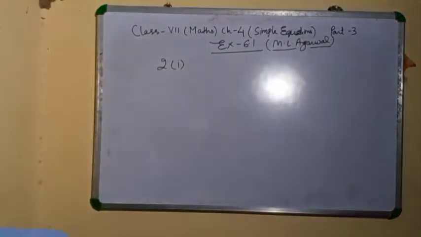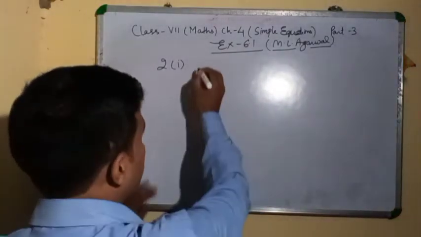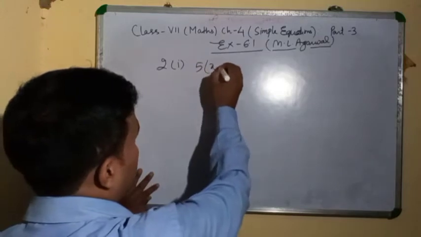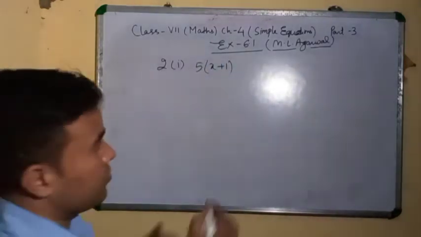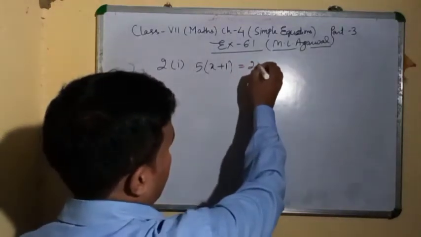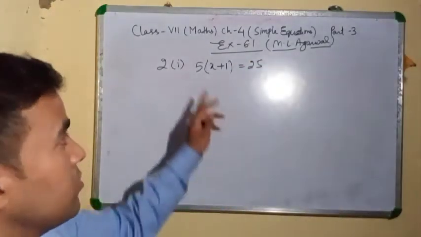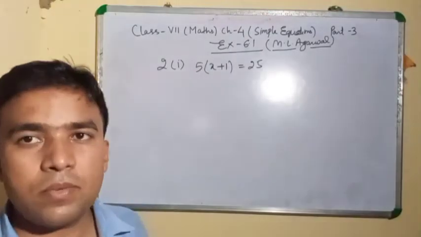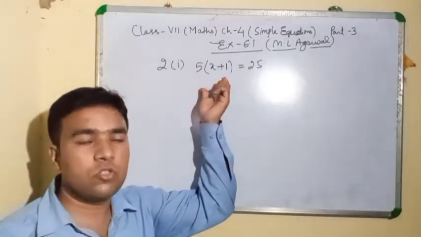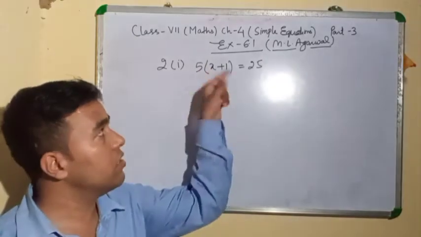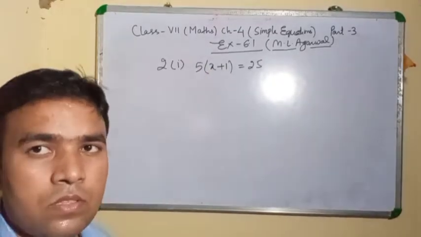Second question, solve the following equation. The question is 5 in bracket x plus 1 equal to 25. First of all, you will open the bracket. When you open the bracket, 5 will enter the bracket.